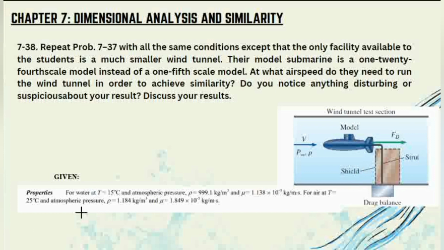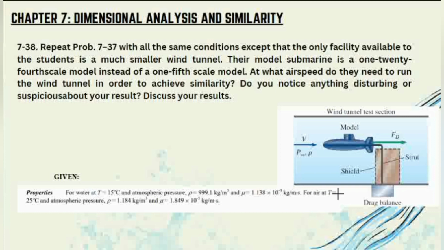We have here the properties given. For water at a temperature of 15 degrees Celsius and atmospheric pressure, our density is 999.1 kilogram per cubic meter, and our mu is equal to 1.138 times 10 raised to negative 3 kilogram per meter times second.